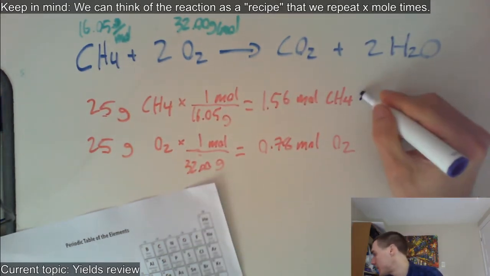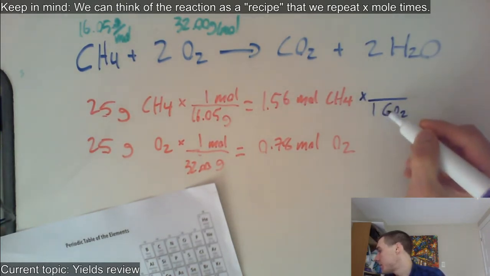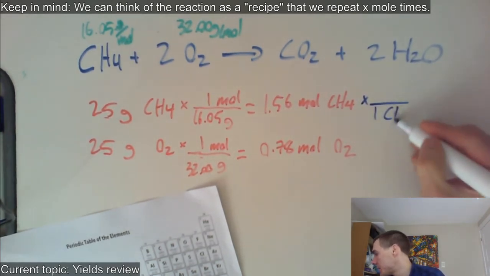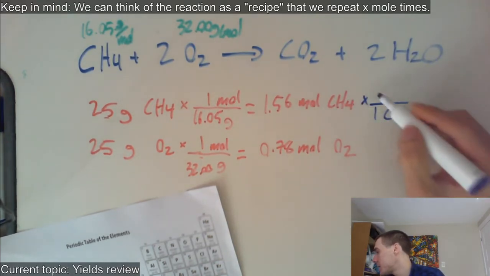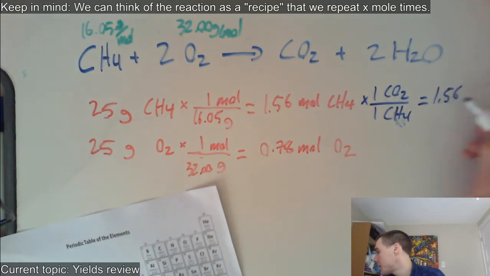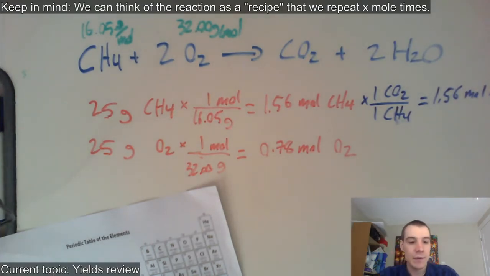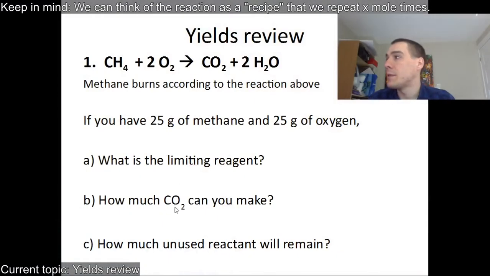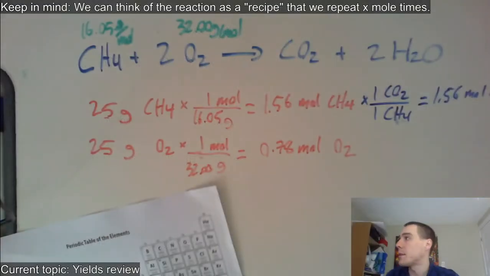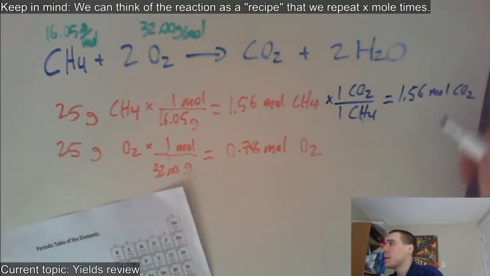So if I take my CH4 and I do my mole ratio, my CH4 needs to be on the bottom to cancel out my CH4, and my 1 CO2 has to be on the top, so I can make 1.56 moles of CO2. Remember, that was actually one of our questions. Question B is how much CO2 can you make, so it makes sense that I want to figure out how many moles of CO2 I can make there.